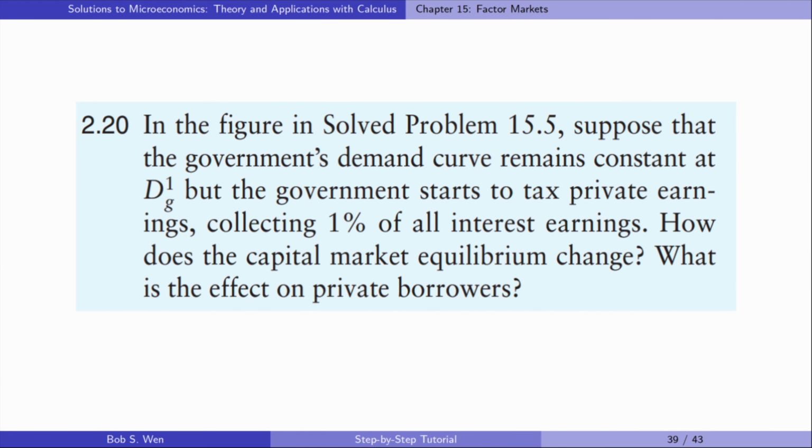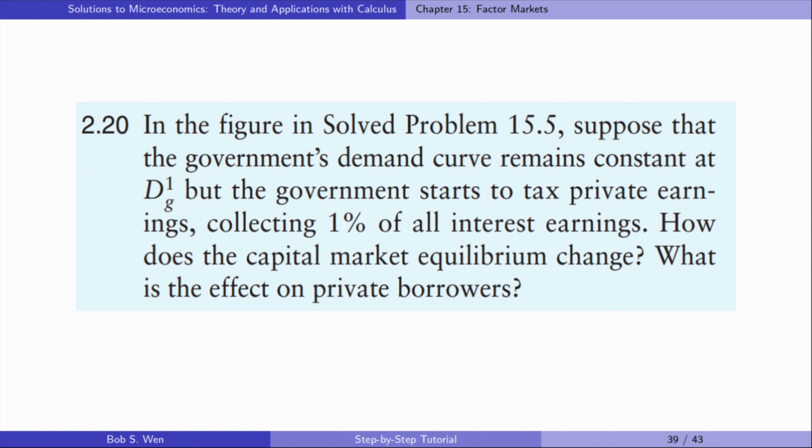Let's answer exercise 2.20. In the figure in solved problem 15.5, suppose that the government's demand curve remains constant at DG, but the government starts to tax private earnings, collecting 1% of all interest earnings.